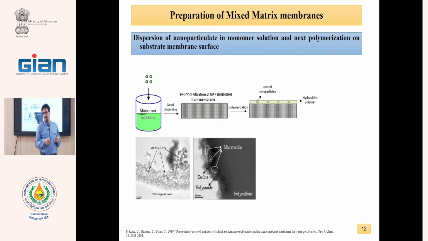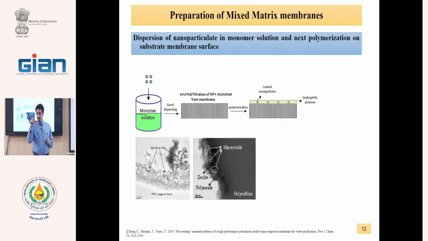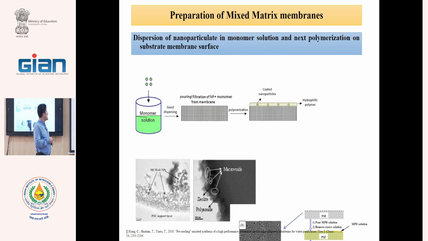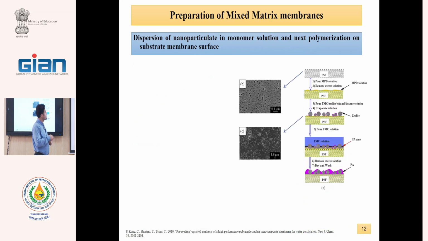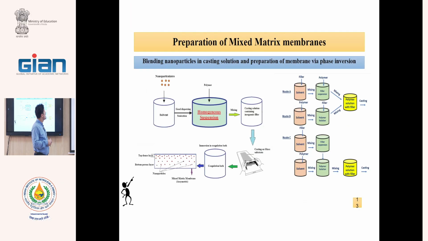In this case, the possibility of the location of nanoparticles on the membrane surface increases. It is better we mix the nanoparticles in the monomer or polymer solution and next coat the membrane surface. This is an example of this one.